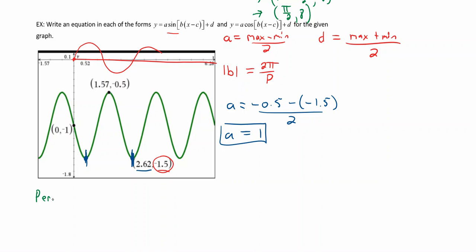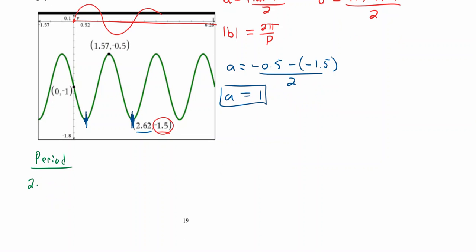So finding period. 2.62 minus 1.57, and that is equal to 1.05. All right, so that's how far it is from here to here, right? So we want double that. 1.05 times 2 is 2.1. Okay, so that's my period. So P is equal to 2.1.